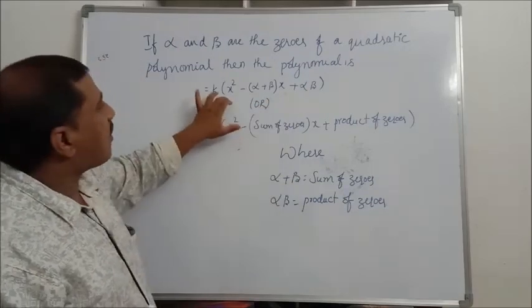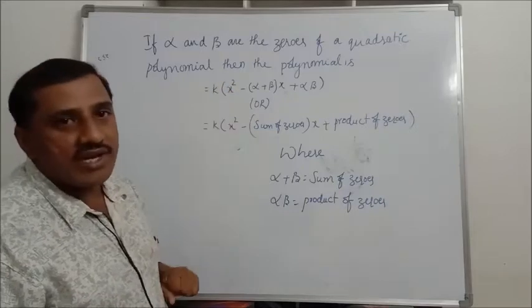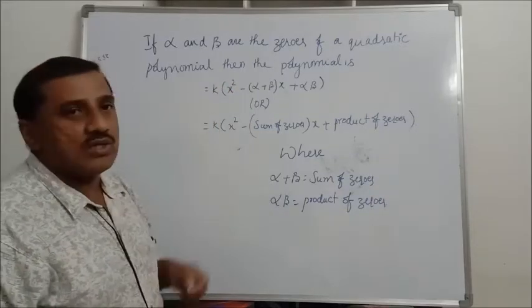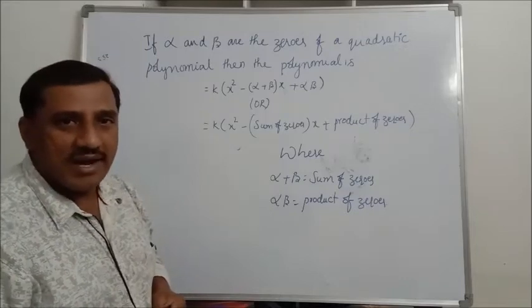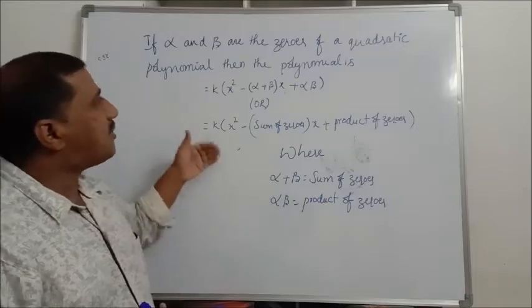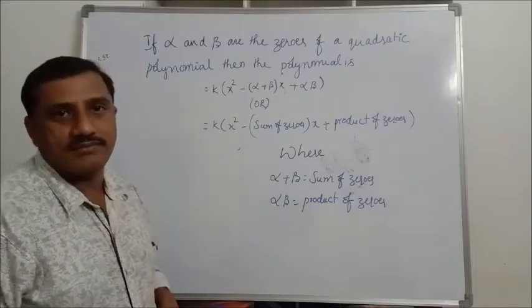This formula we can use to find the quadratic polynomial when we know the two zeros. Is it clear, children? Now we will discuss problems related to this concept.